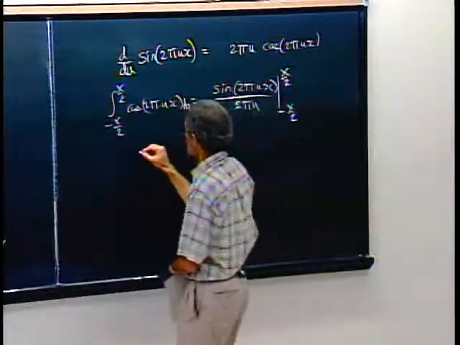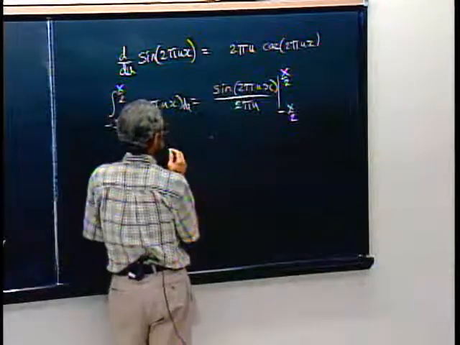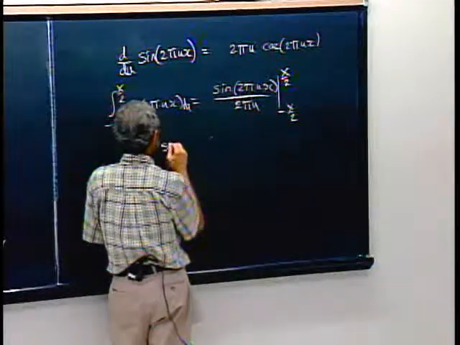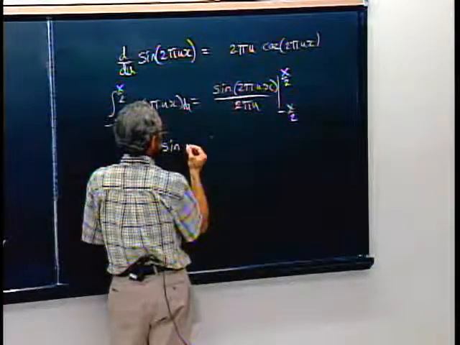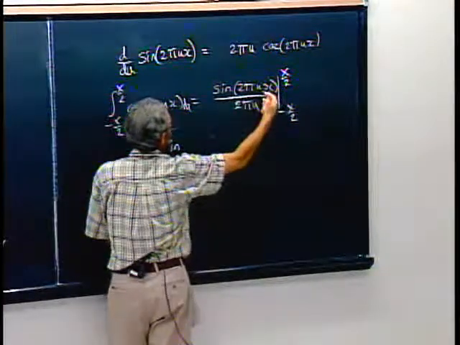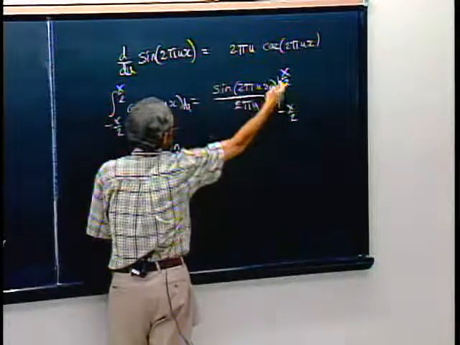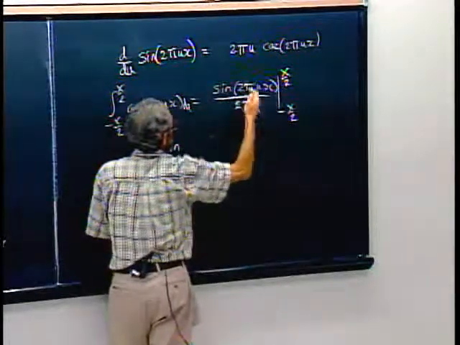And so I have, let's see, sine, at the upper limit, putting for the x here, capital X over 2, this 2 is going to cancel that 2.